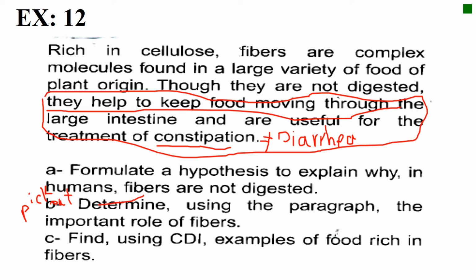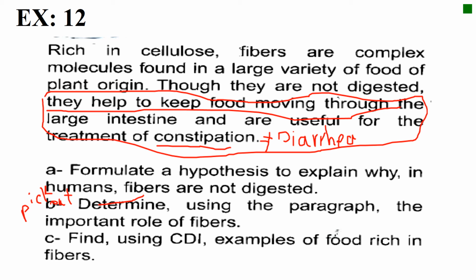Determine using the paragraph the important role of fibers. Okay, this is supposed to be pick out from the paragraph the important role. We don't say determine, it's supposed to be pick out. So we take it from the text. Okay, they help.